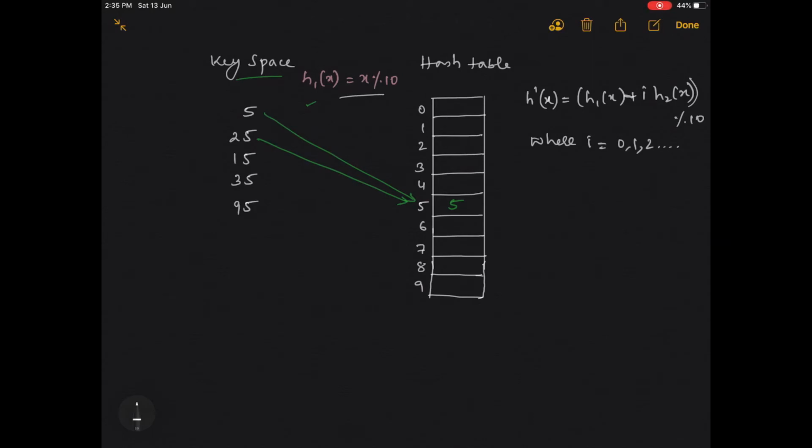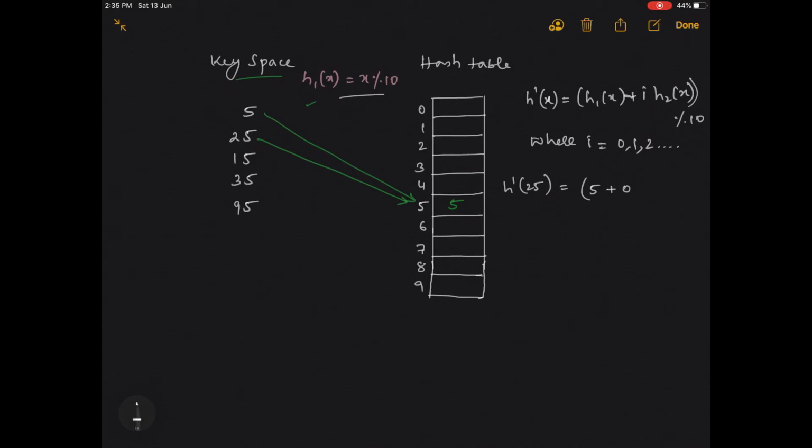Now if I substitute h'(x) with x as 25, because it has headed to a collision, h1(x) is nothing but 25 mod 10, which is 5, plus i is 0.